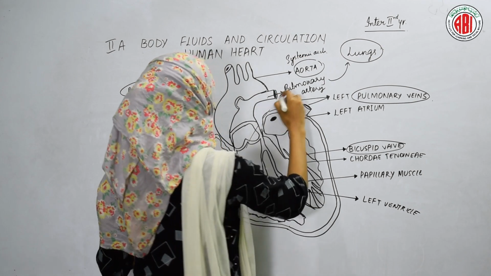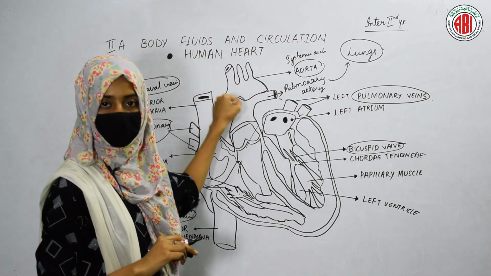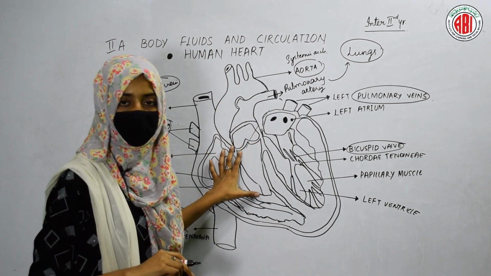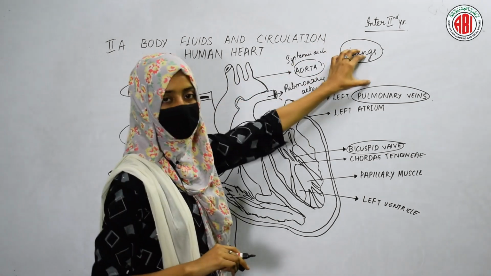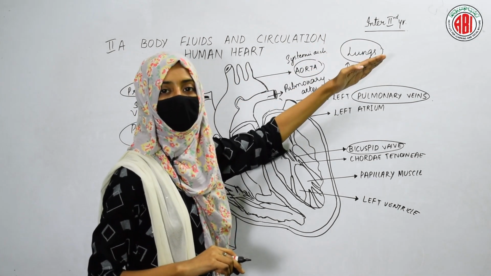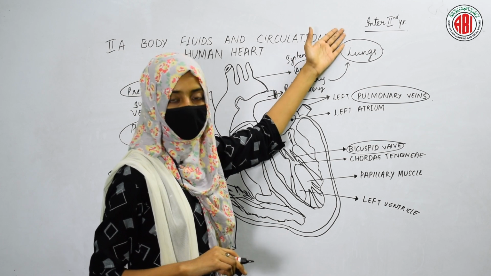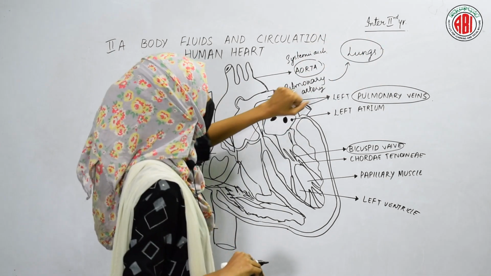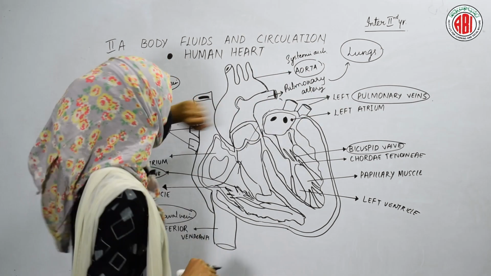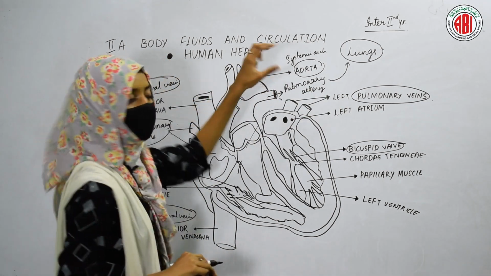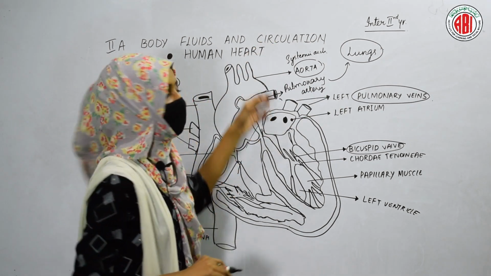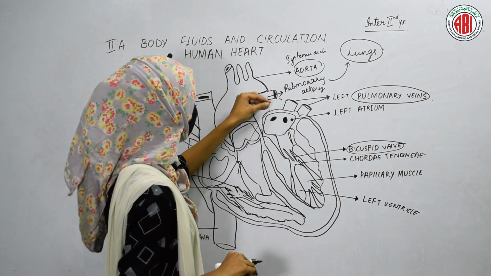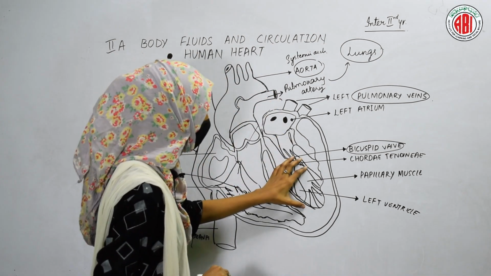So the pulmonary artery takes the deoxygenated blood from the right ventricle. This blood is sent to the lungs. The deoxygenated blood becomes oxygenated. Then from the lungs, the oxygenated blood is taken by the pulmonary veins, and these veins collect the oxygenated blood and give it to the left atrium and left ventricle.